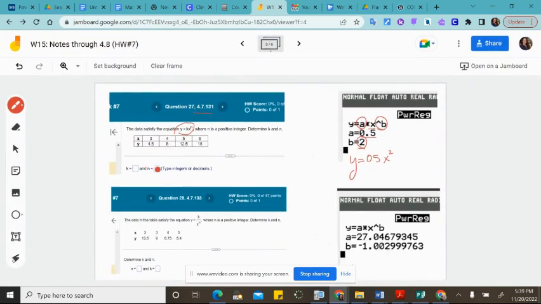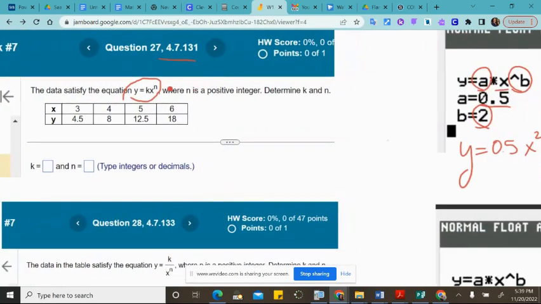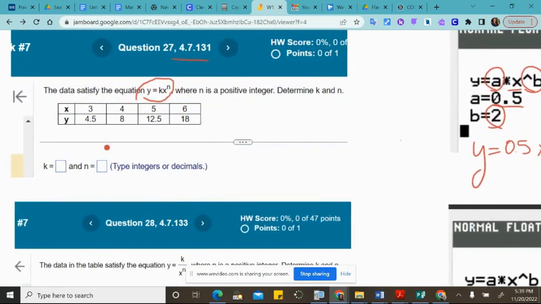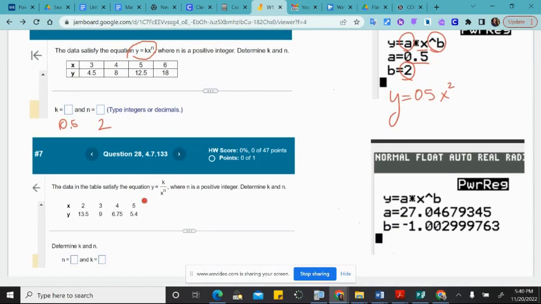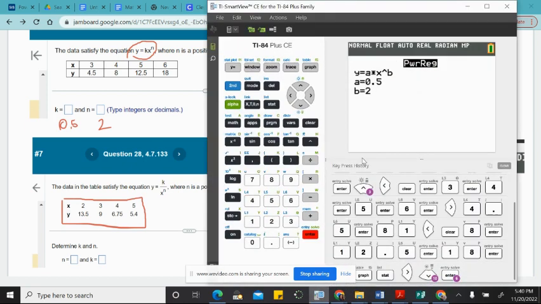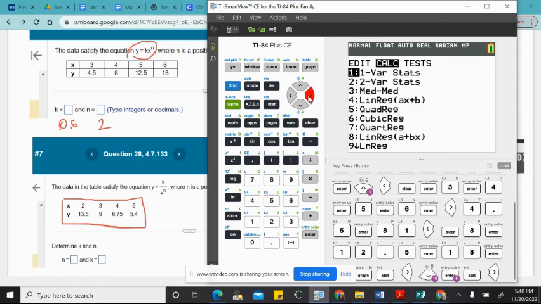That's the best fit. Over here, they didn't use A and B, they used K and N. So K is going to be 0.5, and N is going to be 2. Bada bing, bada boom. You do it again, except you change the list. You go in and change list 1 and list 2, which again, how do you get the list? You hit stat, calculate, arrow.